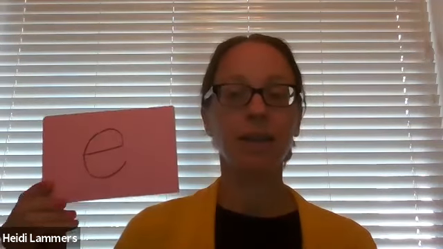And then we have E, short sound, E, long sound, E. And of course, I, short sound, I, long sound, I. And we have O, short sound, O, long sound, O. And we have U, short sound, U, long sound, U. The reason why it's important to review this is that when you're reading syllables, you're looking for the vowel and where it is in the syllable or part of the word.